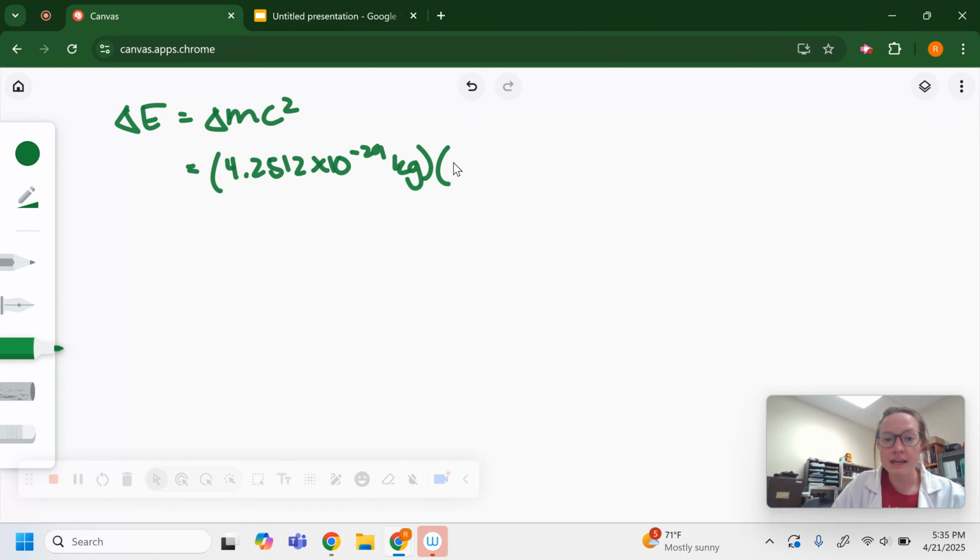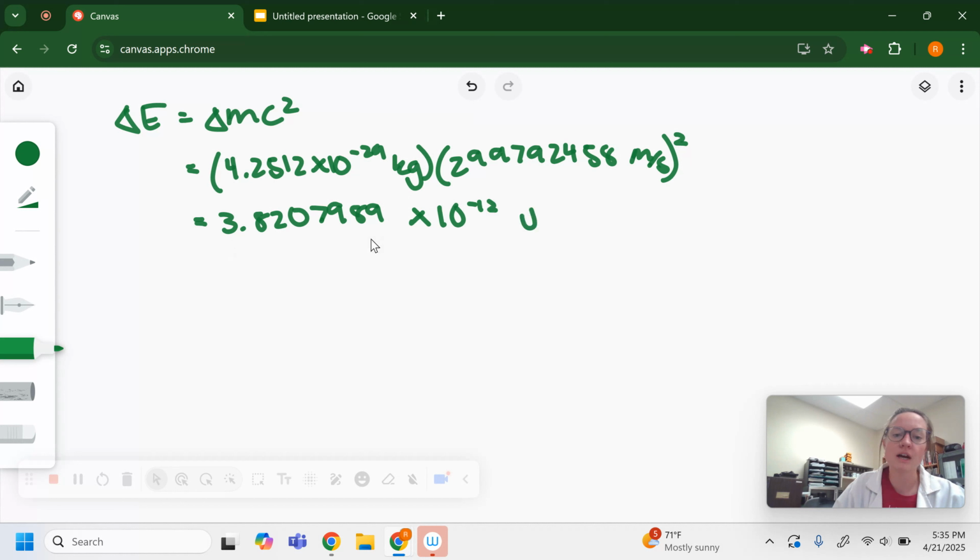C is, as we know, 299792458 meters per second. Square that whole thing, type it into your calculator, and you would get something like 3.8207989 times 10 to the negative 12 joules.